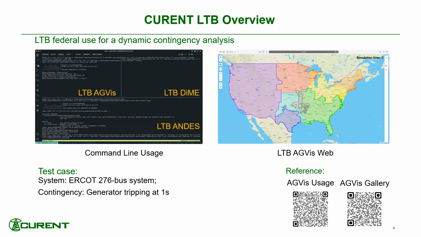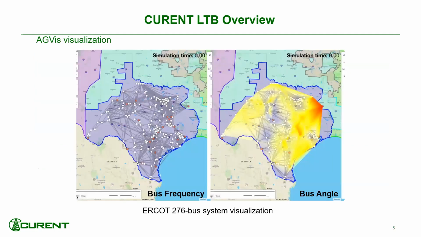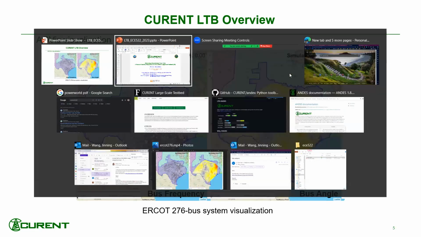In this case, we are using the reduced ERCOT 2076 bus system case, and there is a generator tripping event at 1 second. And this is the aggregate visualization screenshot. On the left side, we are showing the bus frequency, and on the right side, we are showing the bus angle. Let's see the simulation.